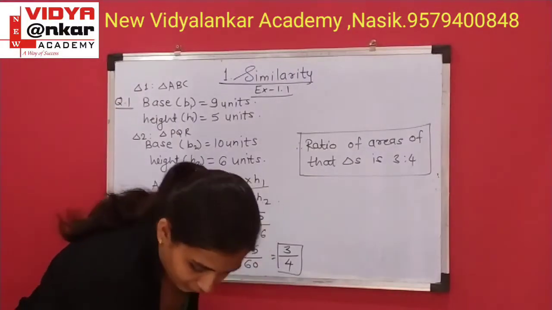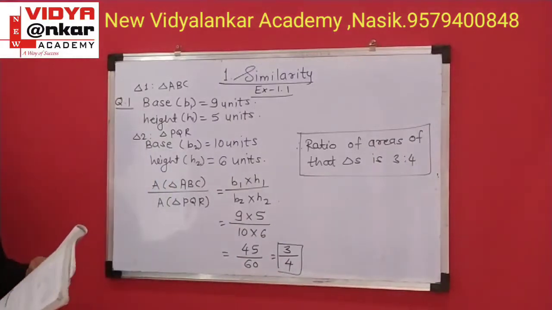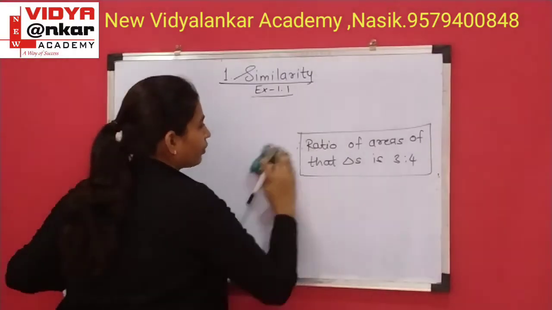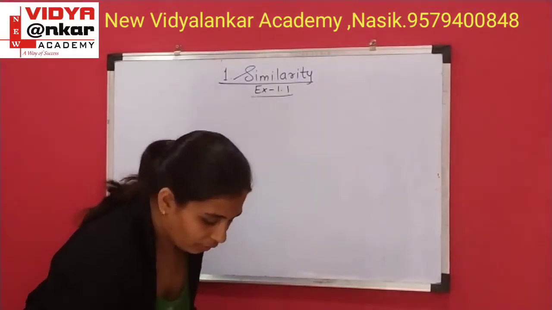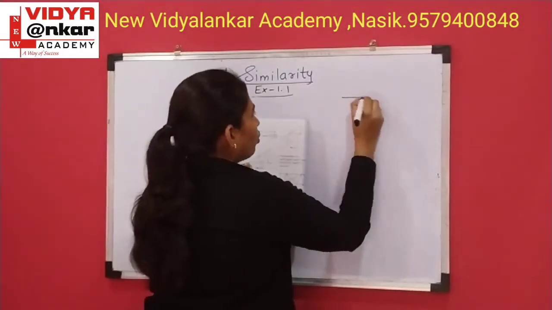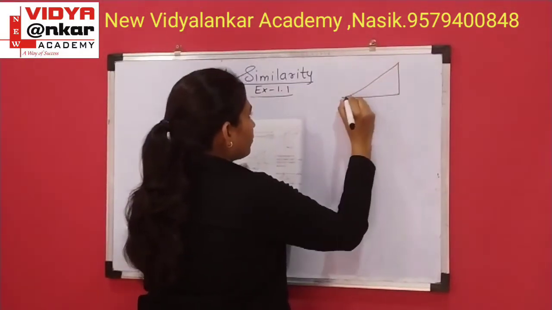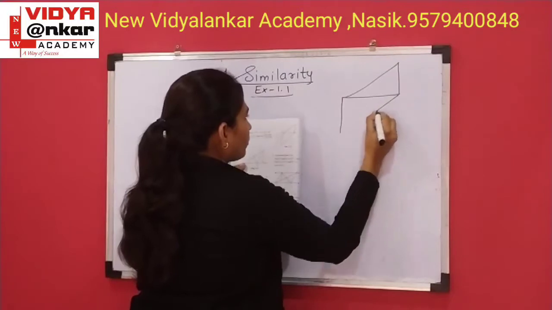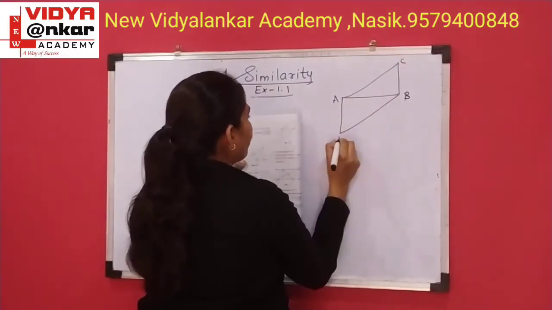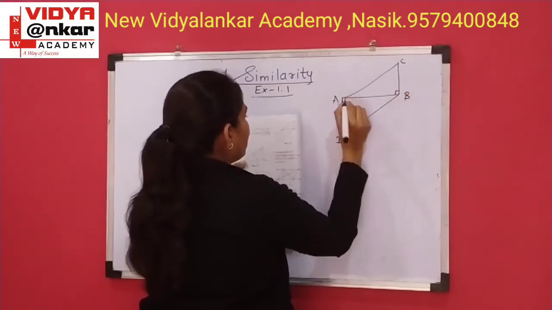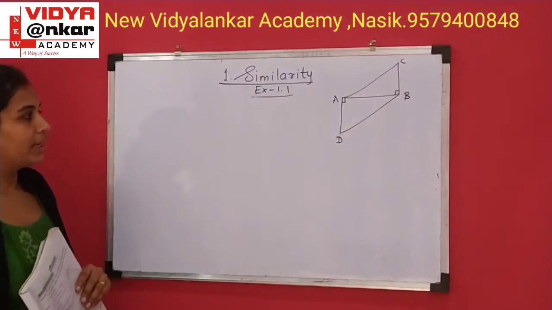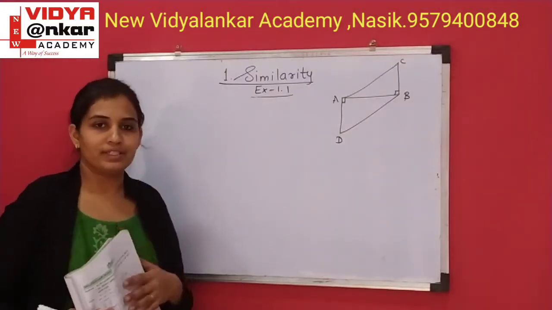Now students, we will take question number 2 of exercise 1.1. Now in question 2, again we have given two triangles, and this question is very important for your board examination. Now if you observe the figure, we can say that two right angle triangles are given.